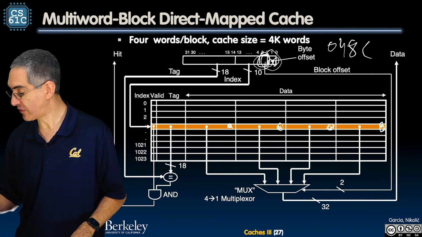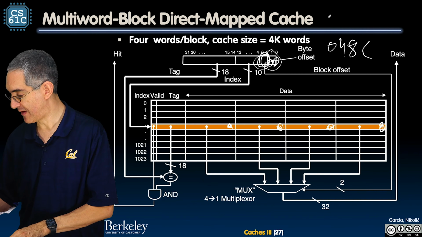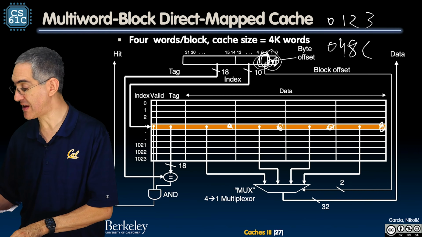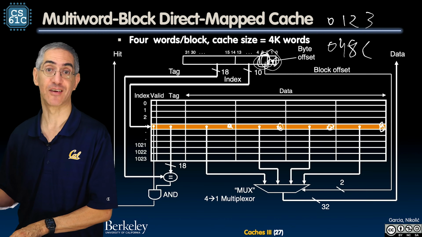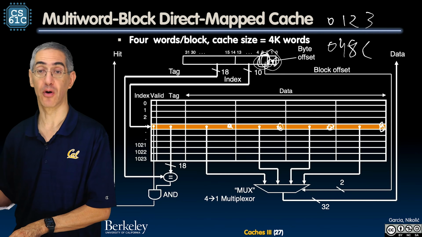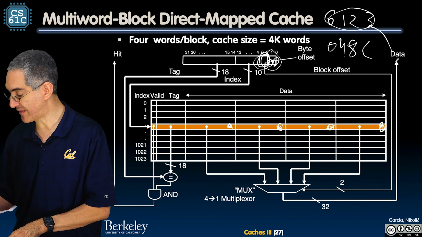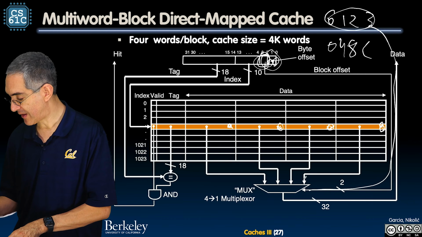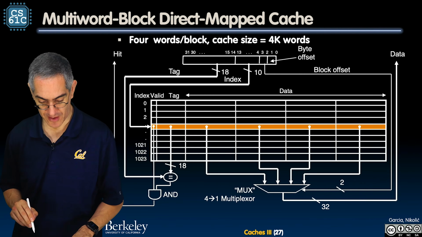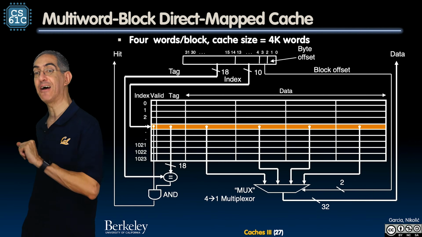So I actually only use the upper 2 bits, which are 0, 1, 2, 3. What are the upper 2 bits of C? 1, 1. Upper 2 bits of 8: 1, 0. What are the upper 2 bits of 4? 0, 1. Upper 2 bits of 0: 0, 0. So this number tells me which of those words the mux is going to send out. And the mux sends that data out, and I'm done.